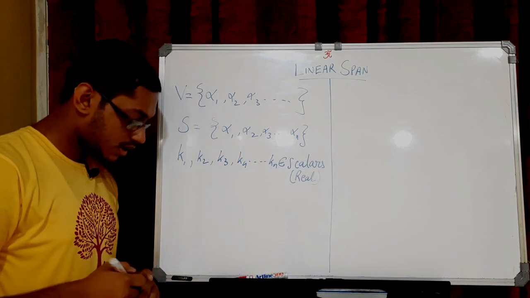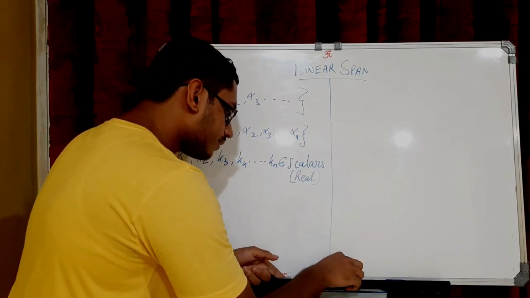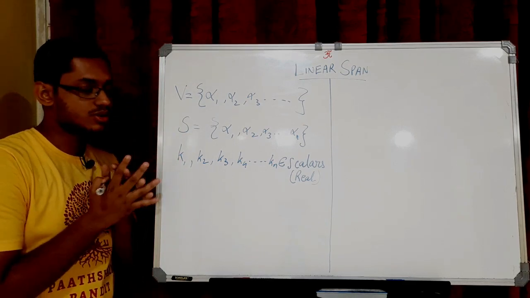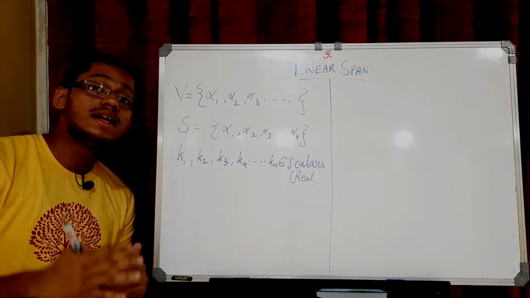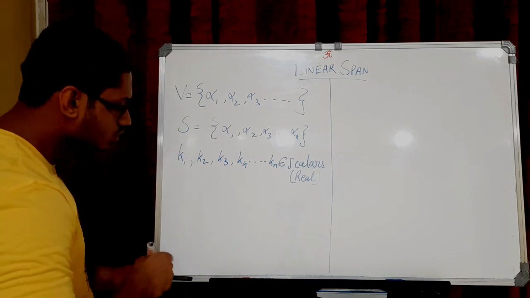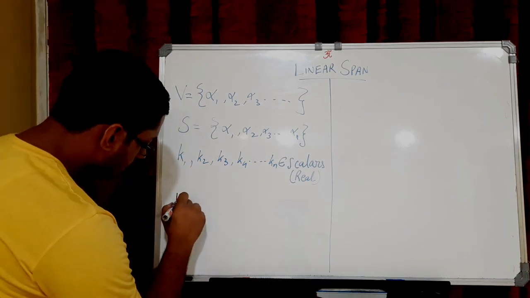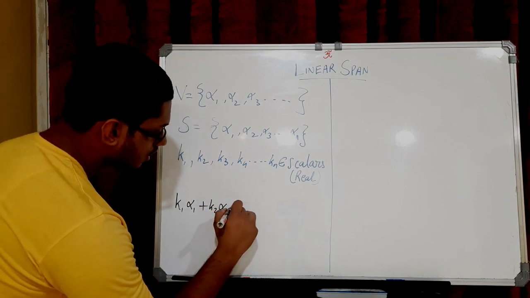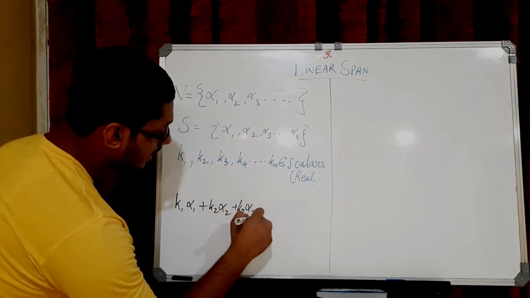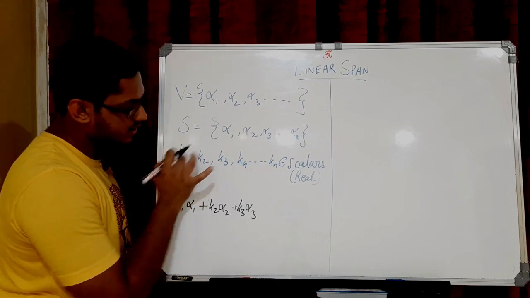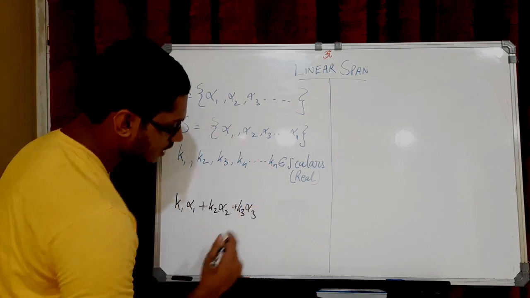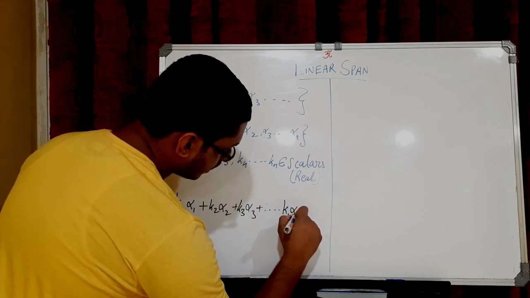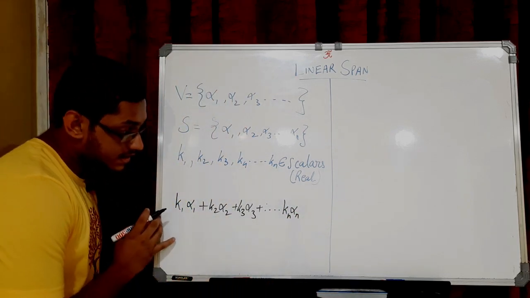So if we combine these two things, then a linear combination is formed. How to combine them? k1 alpha 1 plus k2 alpha 2 plus k3 alpha 3, like this, till kn alpha n.